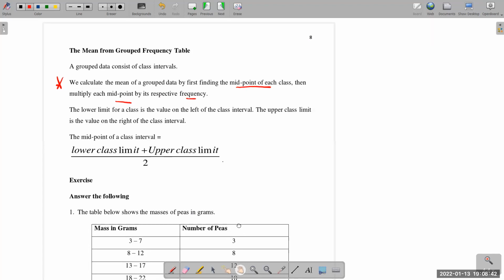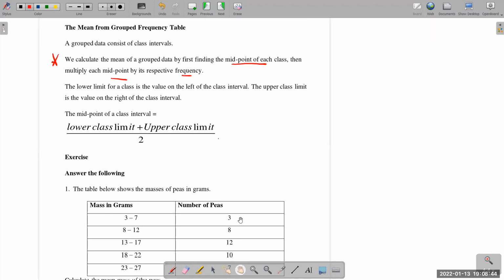So that is literally how you find the mean of group data. And here they explain how you find the lower limit for the class. It's the same thing we did already, so we don't even have to worry about that.